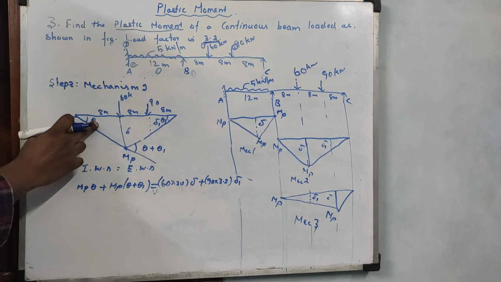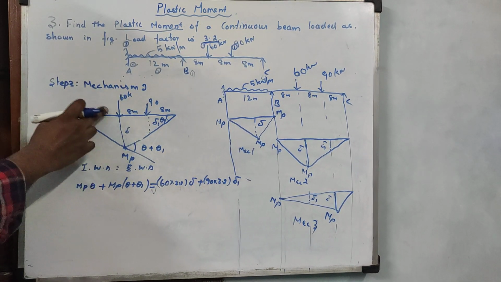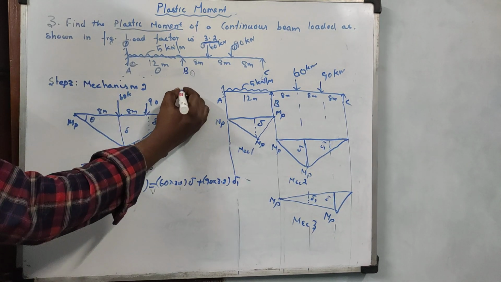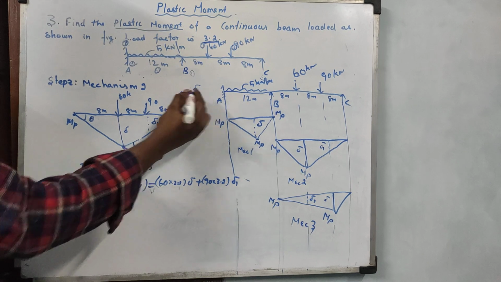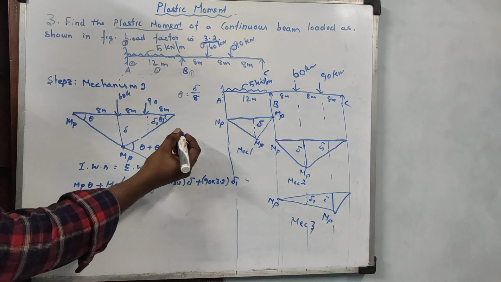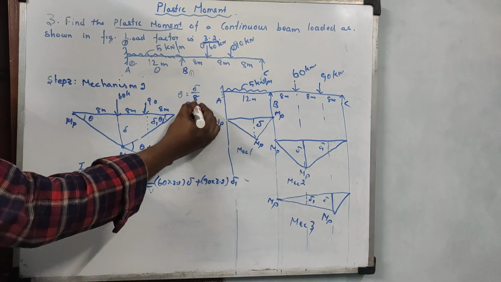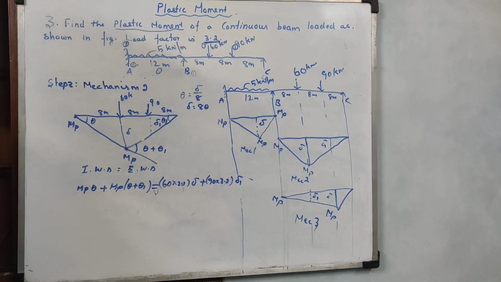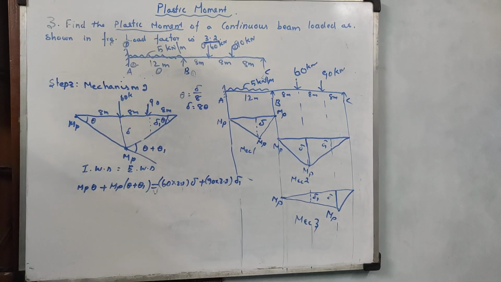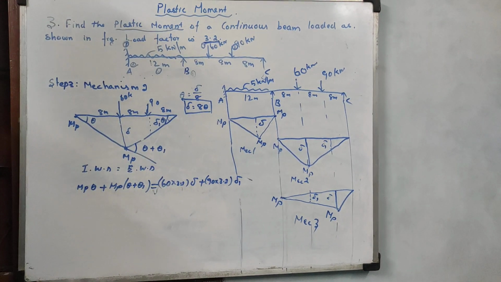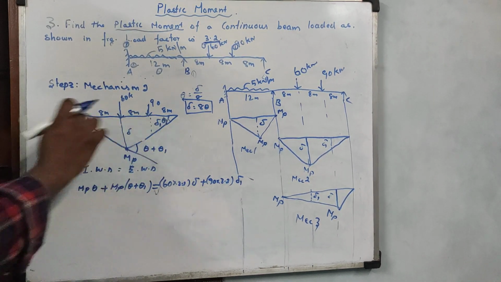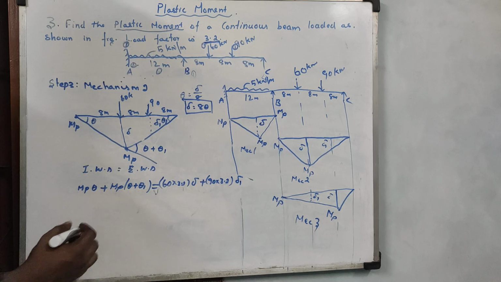So we know that theta equals opposite by adjacent. Theta, opposite is del, adjacent is 8. Therefore del equals 8 theta. Okay, one unknown. And second unknown, theta 1.